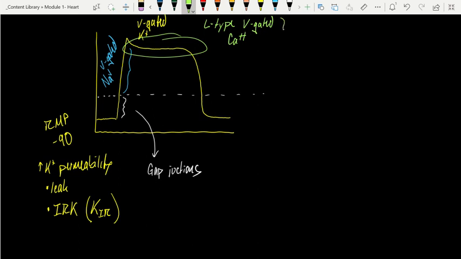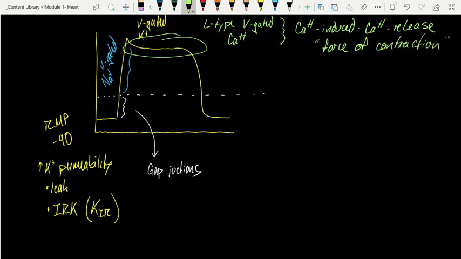This right here, this calcium-driven plateau, drives what we call calcium-induced calcium release. And this is all about the strength, well, maybe force is a better word, the force of the contraction. This is something that makes these heart cells unique to skeletal muscle or neurons.